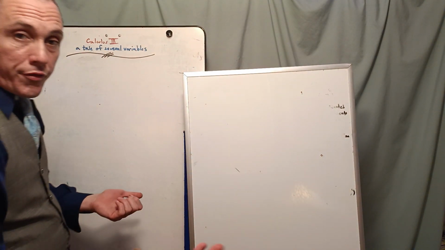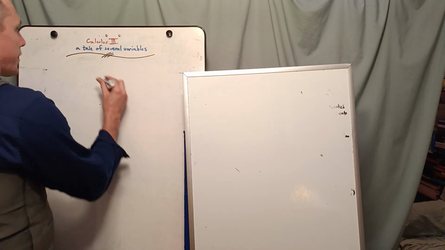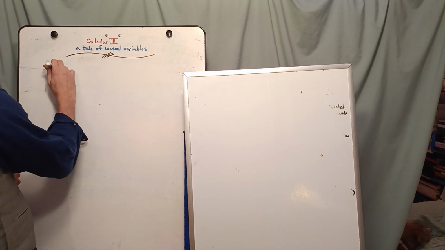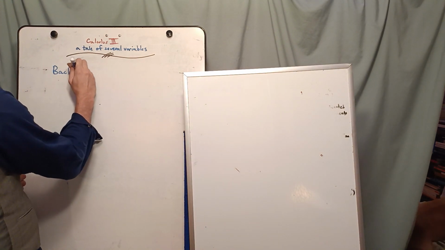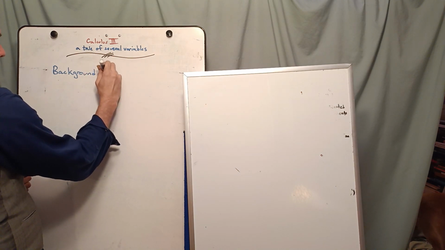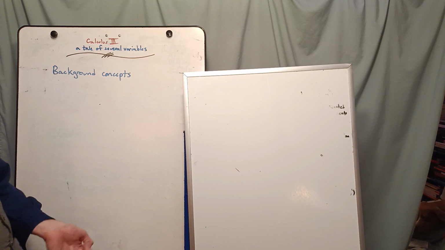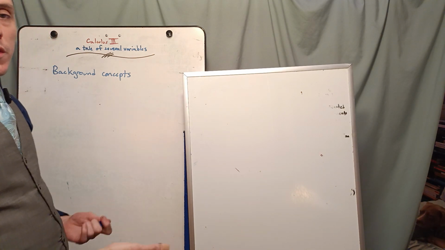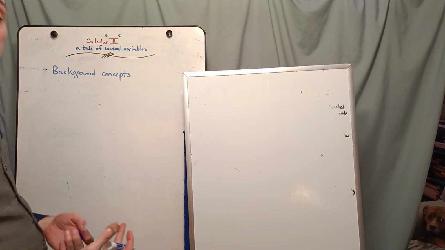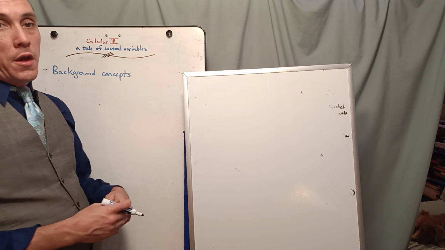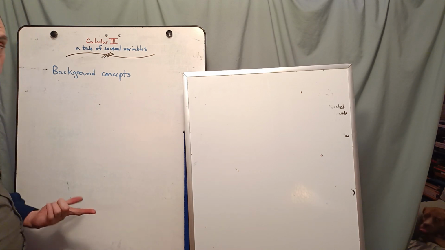So here's an overview of what I plan on lecturing on today. We'll start with some background concepts. Things like coordinates in n-dimensional Euclidean space and other things you might need to know to understand vectors, even in their informal definition.